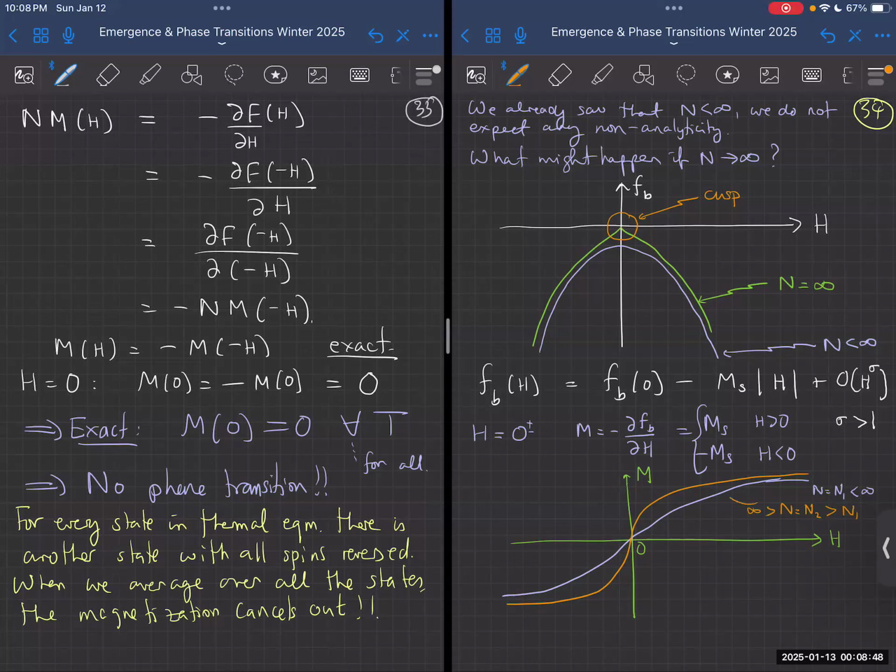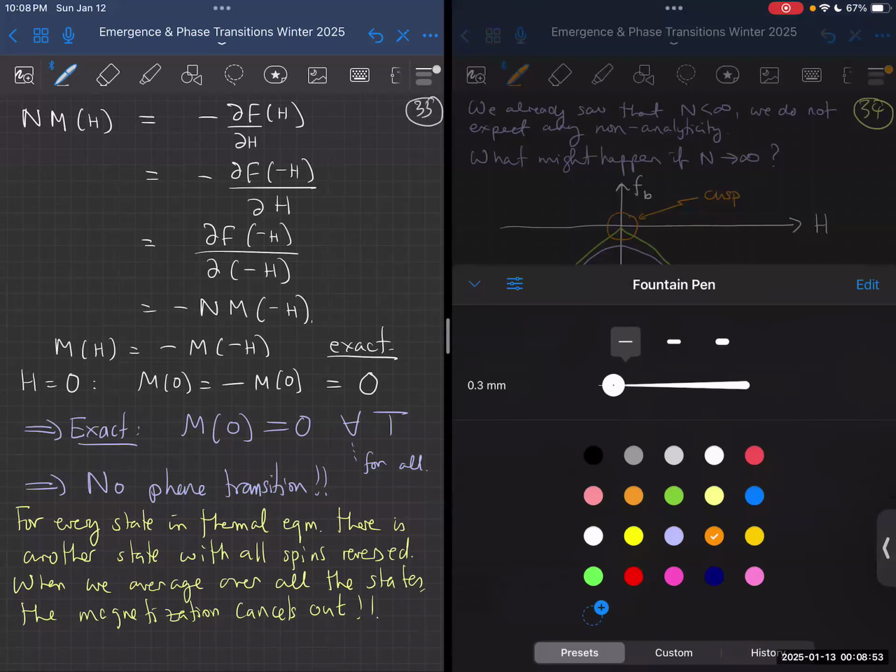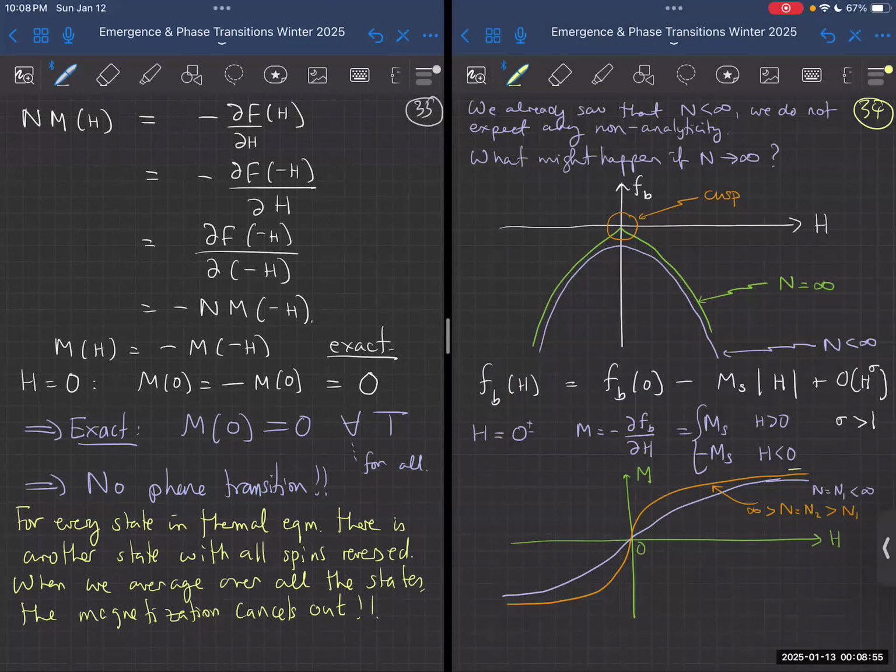So that's this curve over here. And then if I take the infinite limit, I get something like this. That's the discontinuity, and this is n equals infinity, like so. That's the discontinuity that we're seeing only as we take the thermodynamic limit.